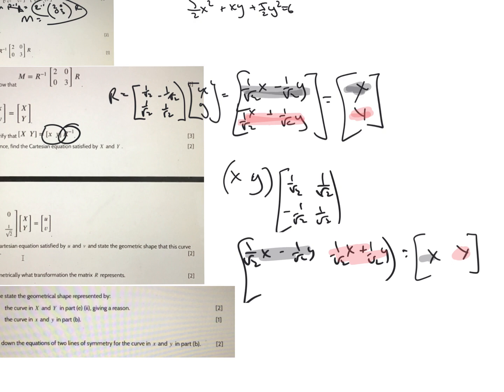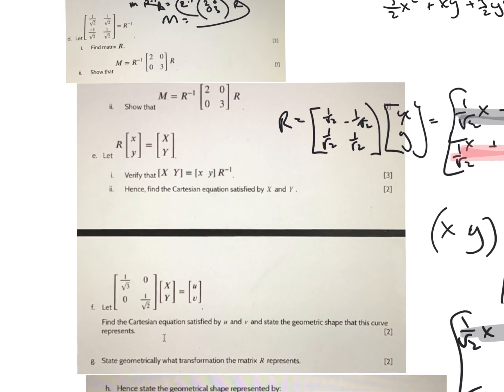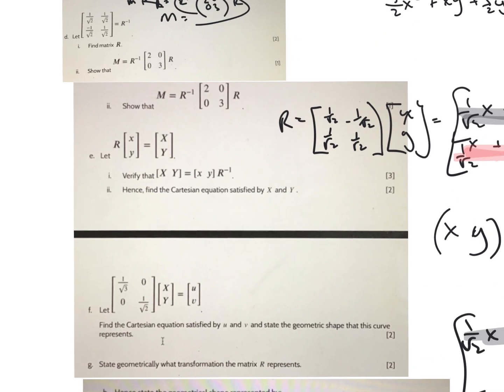And so I have actually verified that this statement is true. If this is true, then this is also true. Hence, find the Cartesian equation satisfied by x and y.